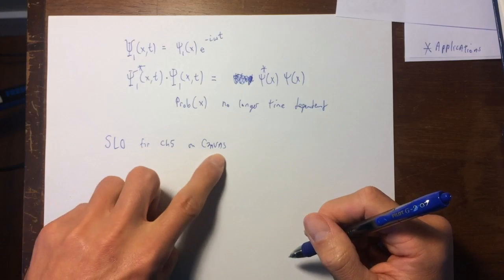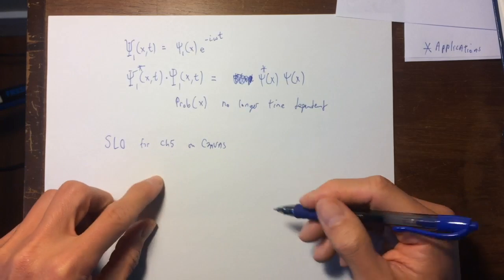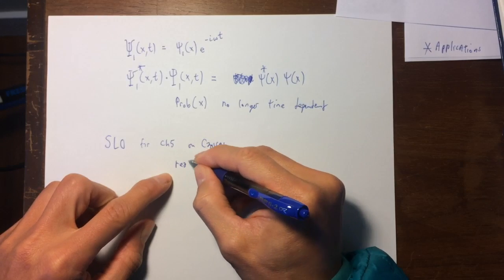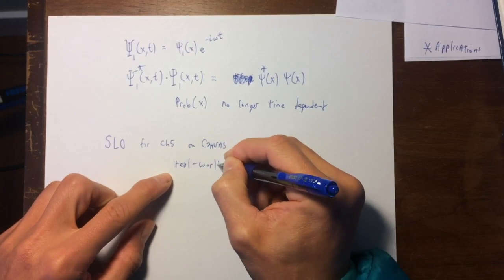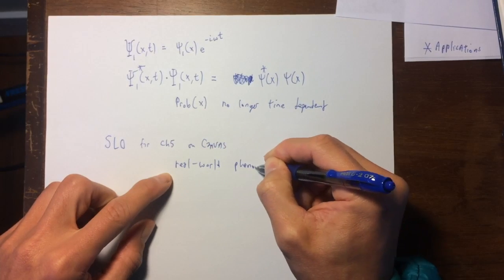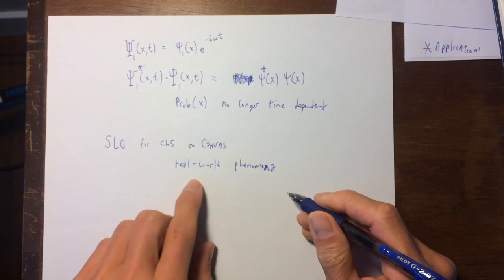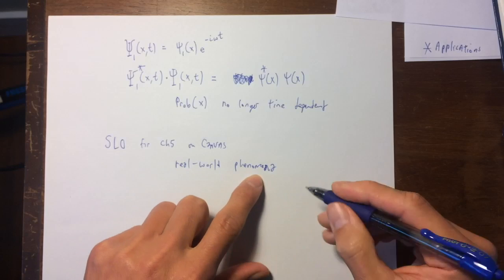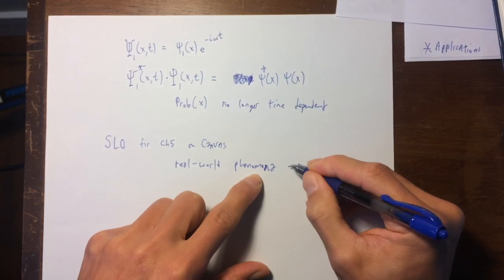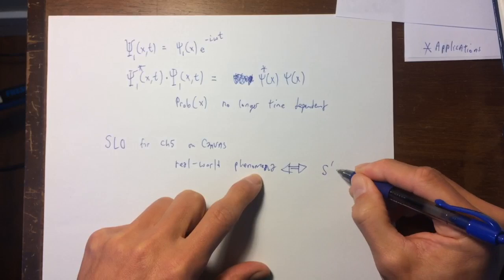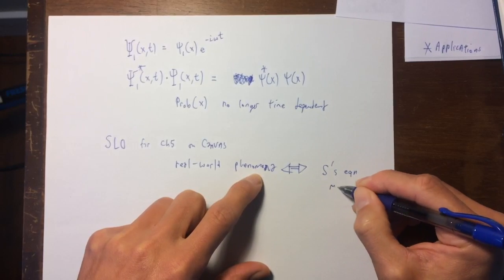So for chapter 5 on Canvas, one of the things is real world phenomena. So what is the connection between what really happens in nature and Schrödinger's equation models?